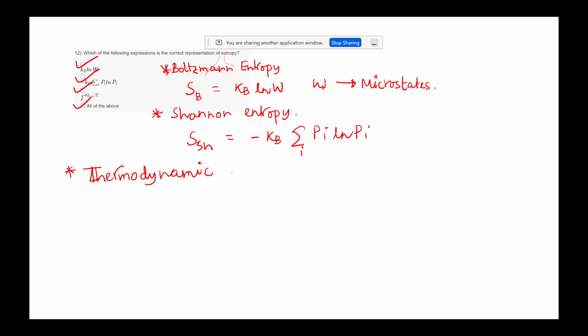So in the beginning I told you that there are different definitions of entropy, which is dS equals dQ over T. Okay, so all of the above is the right option. So entropy can be written in terms of different definitions.